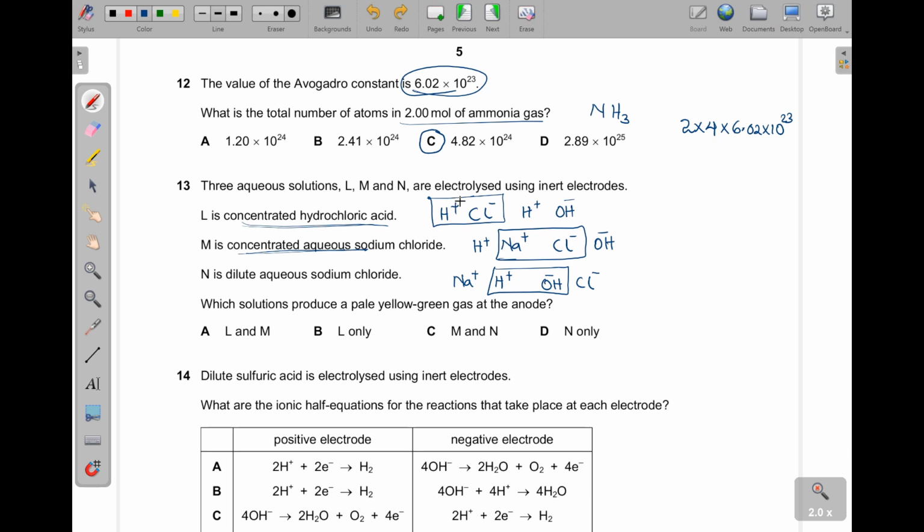What is positively charged goes to the cathode, which is negatively charged, and what is negatively charged goes to the electrode which is positively charged, the anode. So we must have L and M, and that is option A.